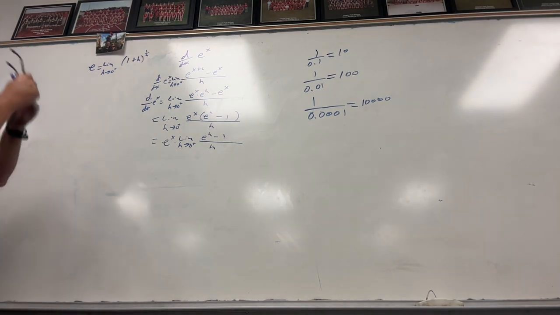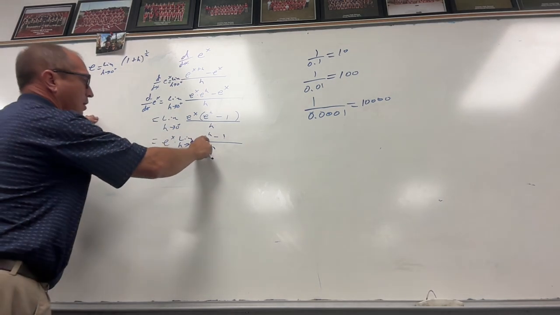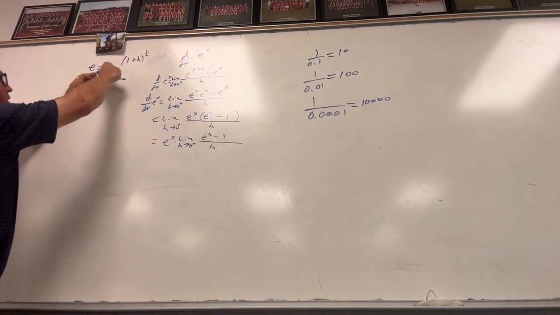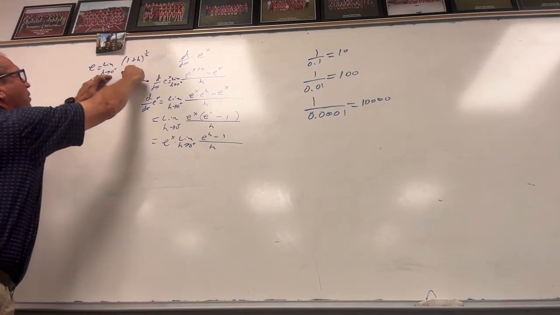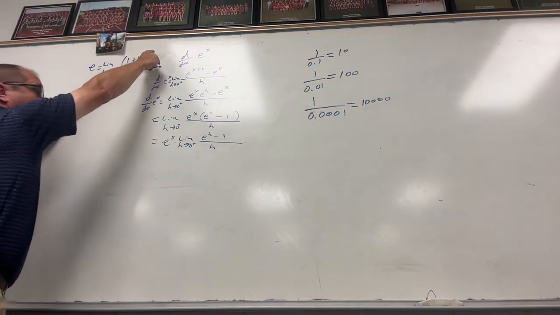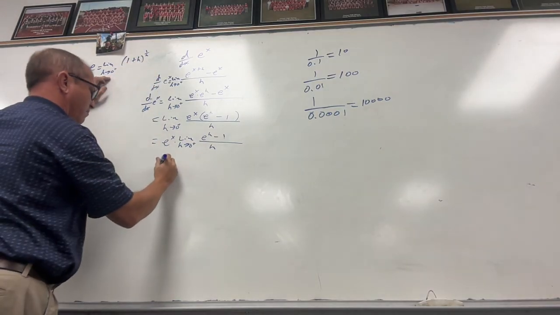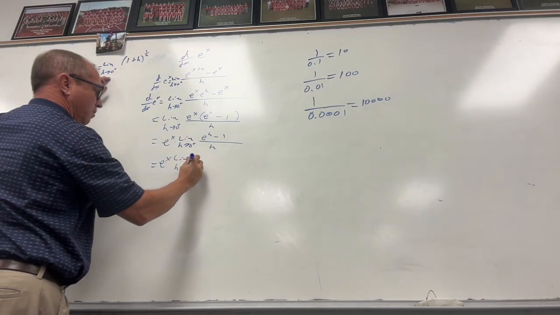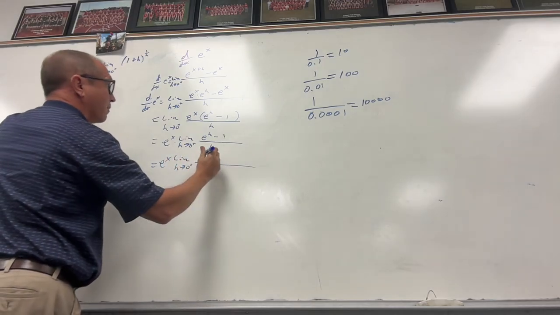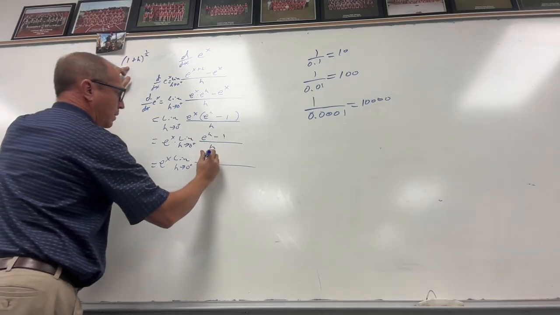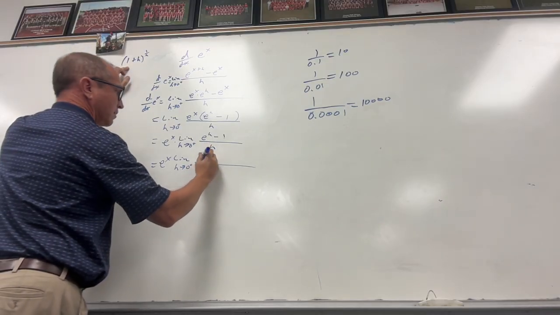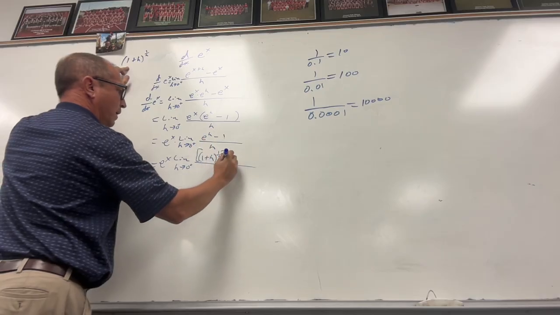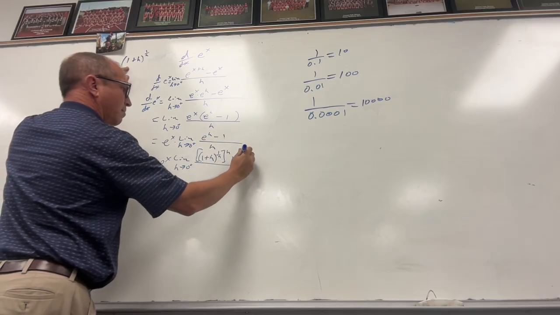Now, what I'm going to do from here is go to my definition of what e is. And remember we said e is the limit as h approaches 0 of 1 plus h to the 1 over h power. So I'm going to have e to the x times the limit as h approaches 0 from the right of 1 plus h to the 1 over h power raised to the h power minus 1.